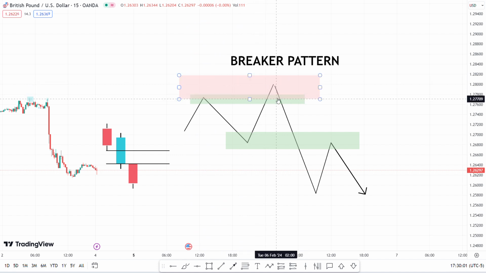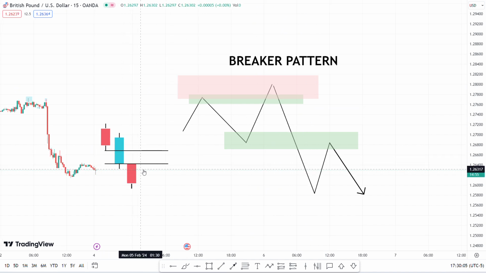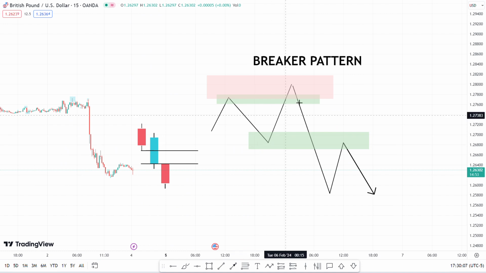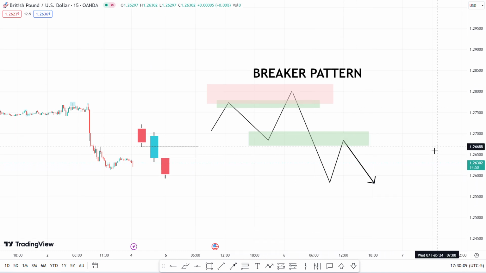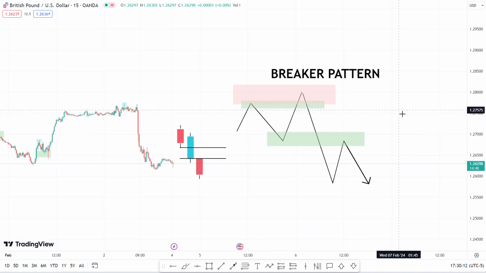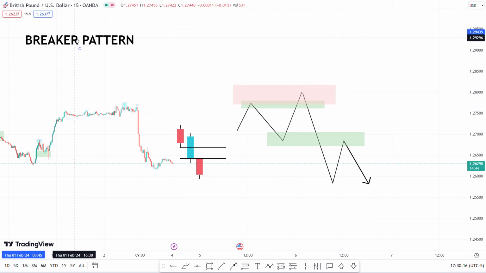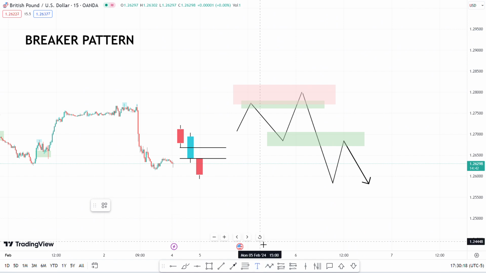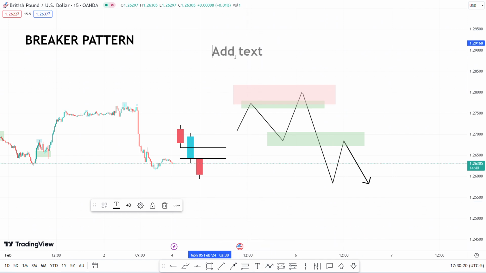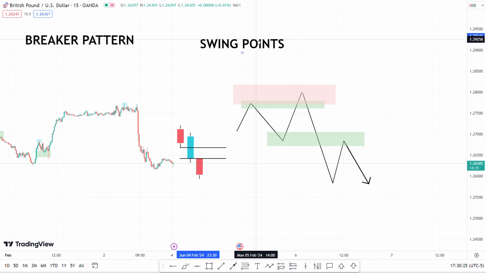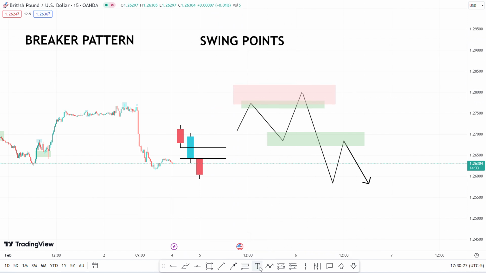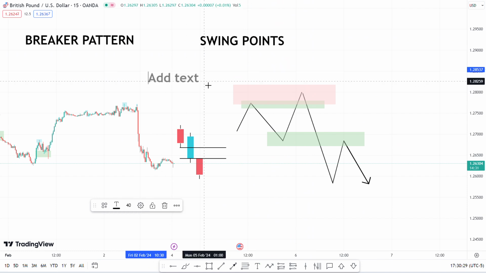So this is my favorite entry pattern, coupled with this fair value gap. When I see this, I smile. So that's the three. I'm just get it all on the same thing. Swing points. And then fair value gaps.